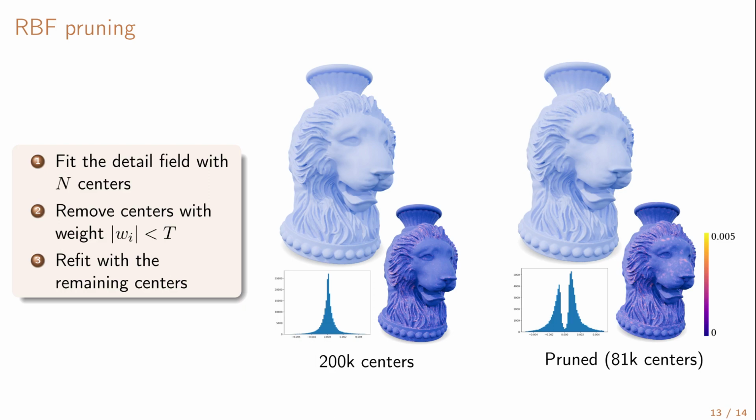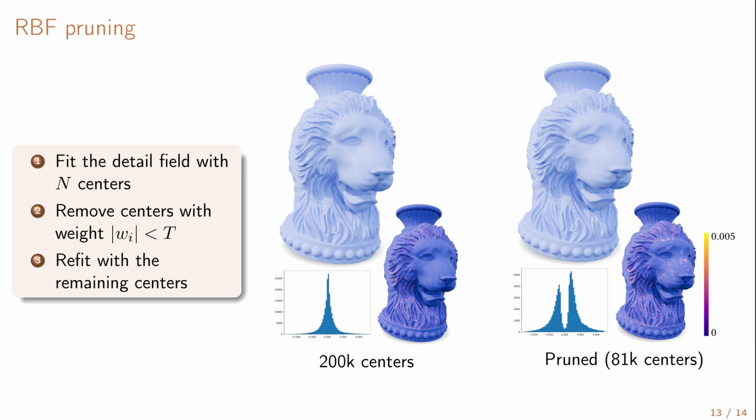It is a very difficult question to answer, but one way we could try to get a correct value is to first overestimate this number of centers, so for instance here computed with 200,000 centers, fit the detail field and realize that most of the RBF centers have an associated weight in the sum that is very close to zero. That means that a large number of RBF centers have little to no influence on the total detail field.